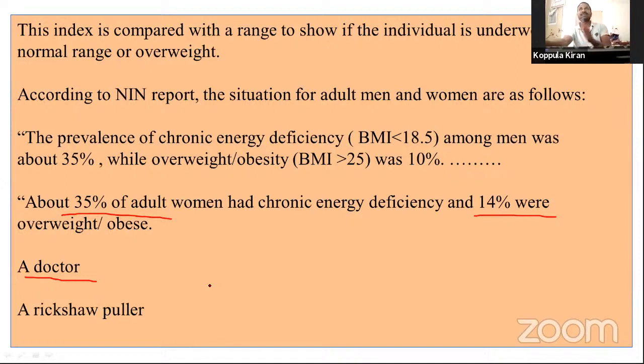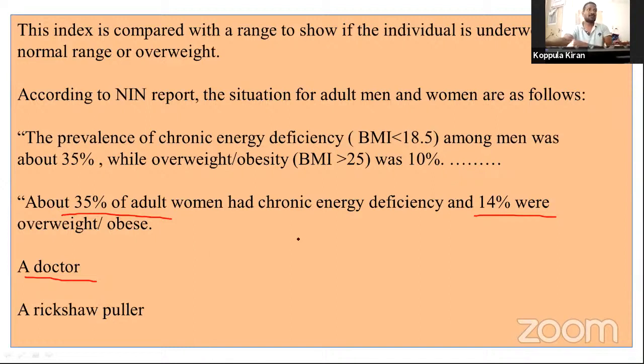For the remaining days, they depend upon market prices. So they did not get nutritional food. They did not get enough food to be healthy. So that is one case.